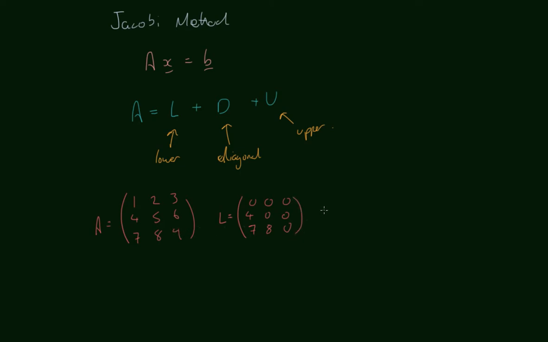D would have only those on the main diagonal non-zero, and all other elements would be 0. And for U, the main diagonal and lower triangular elements would be 0, and we just have the non-zero elements in the upper triangular region. So that's what we mean by L, D and U. Notice L and U are different from LU factorizations, so try not to get those confused.